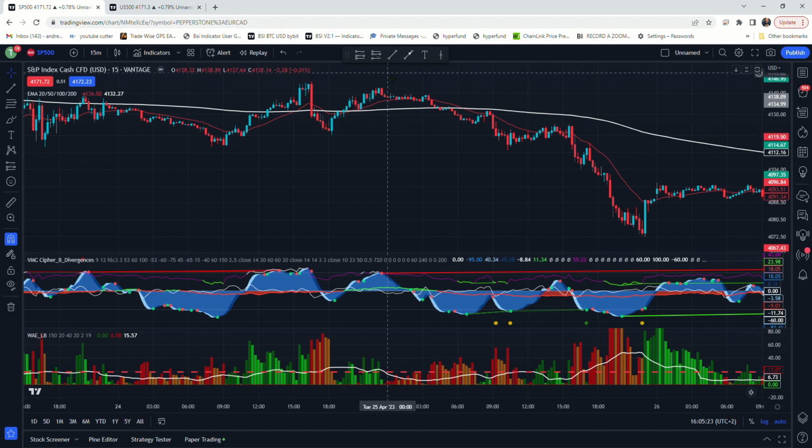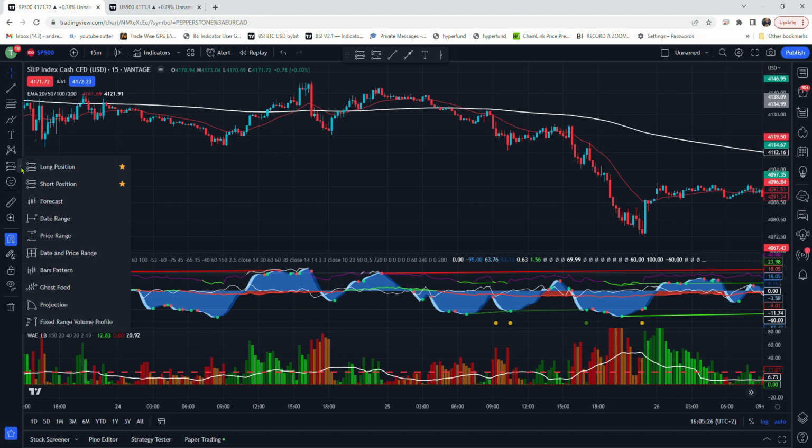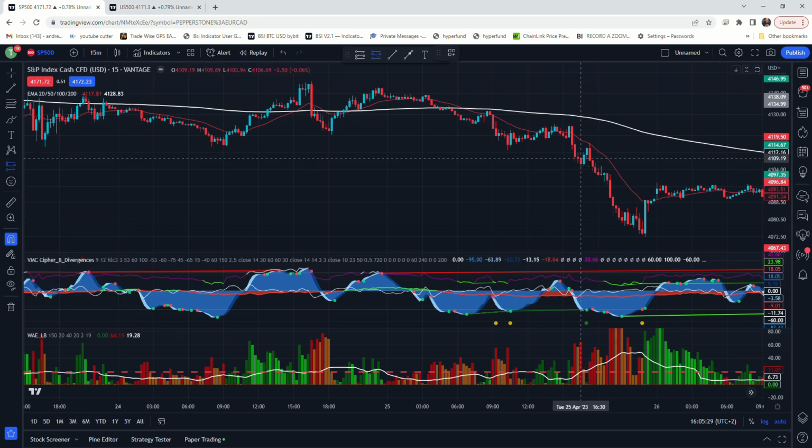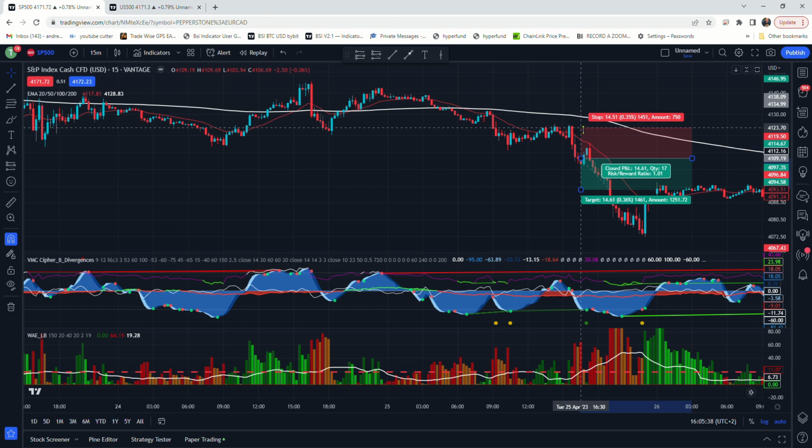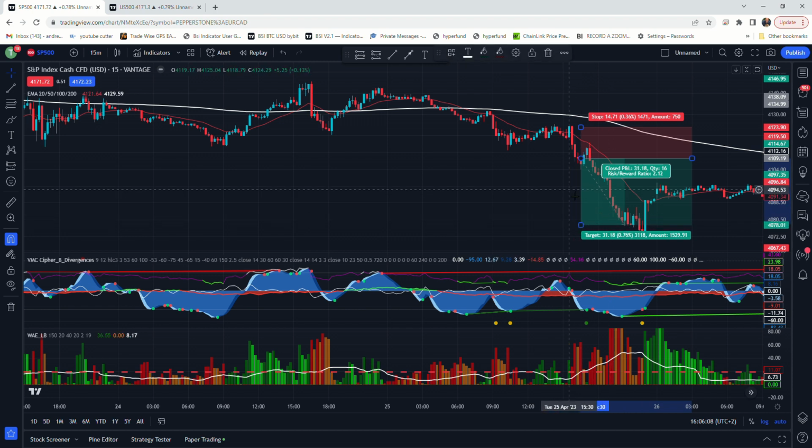Take our short setup on that candle there. We have a 0.36% for the stop loss, and then we take the profit down to 0.76, which is there, and that gives us a more than 2-to-1 risk reward ratio. And then you can set your stop loss there and your take profit down there.